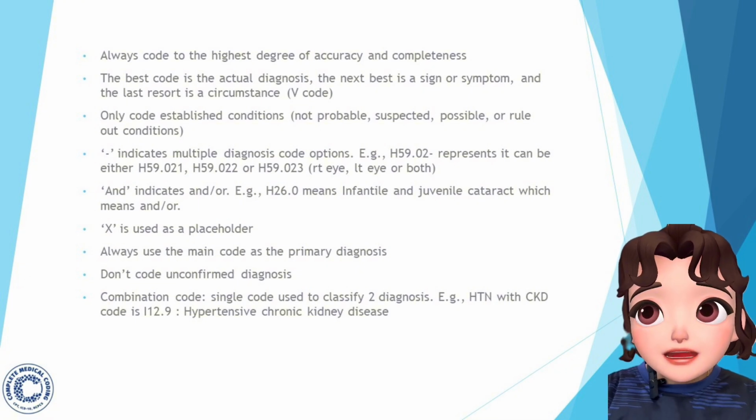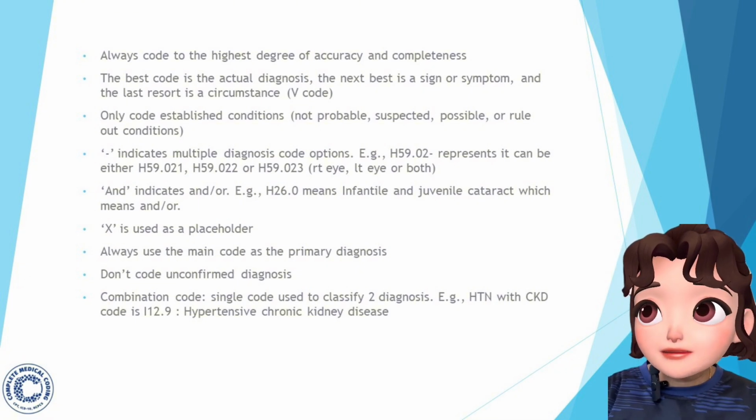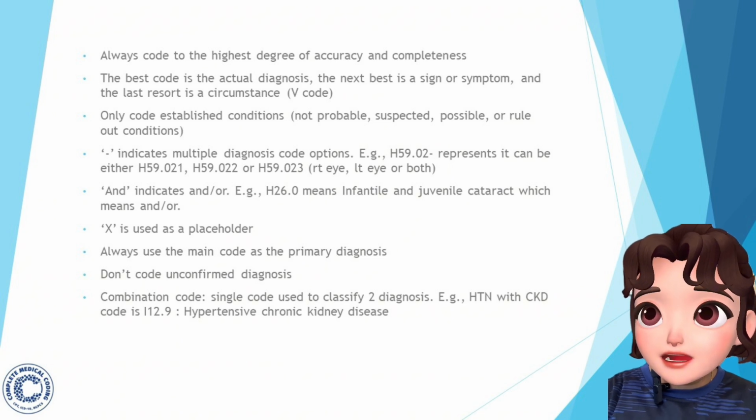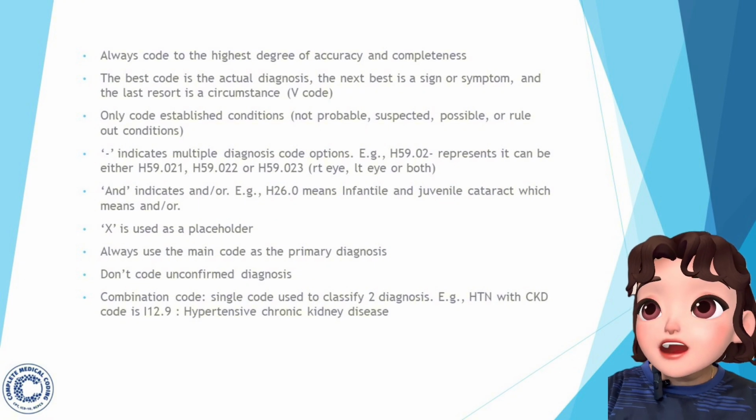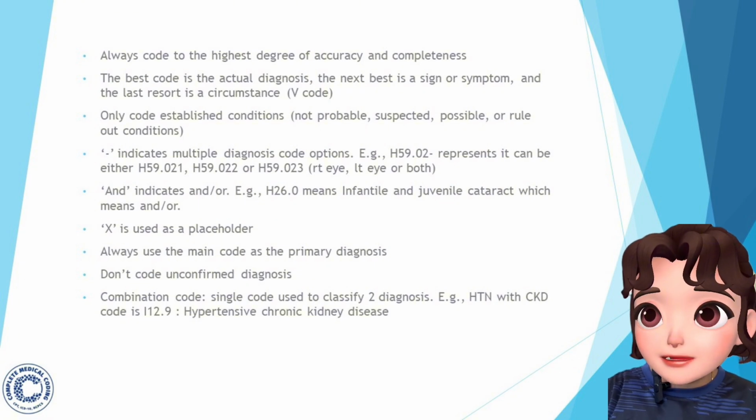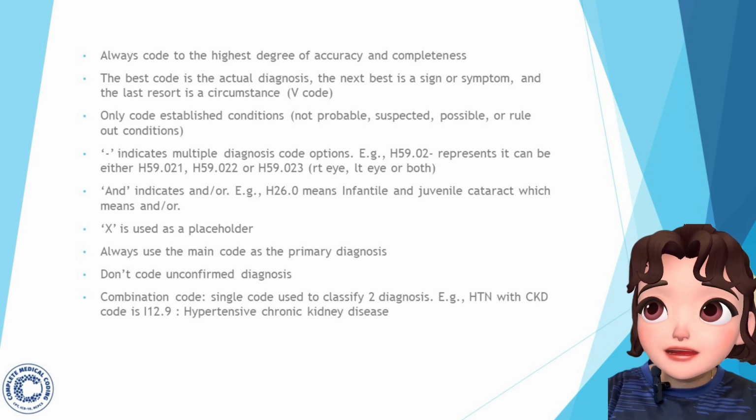See, a dash indicates multiple diagnosis code options. For example, H59.02 dash. In a few codes, if you see the ICD book, there will be a dash at the end that represents multiple diagnosis code options.